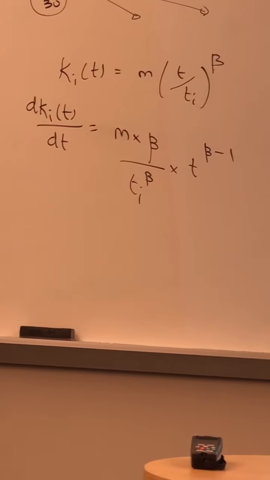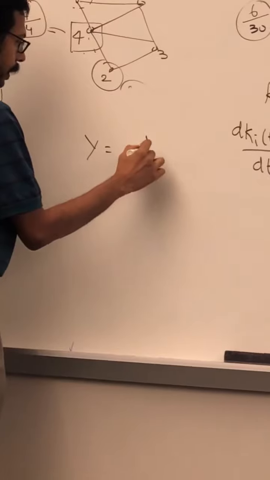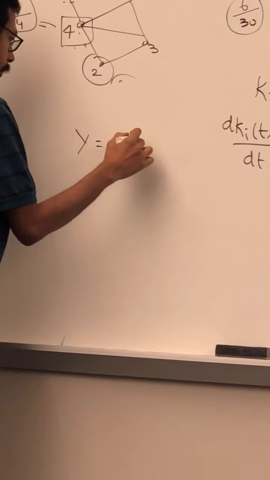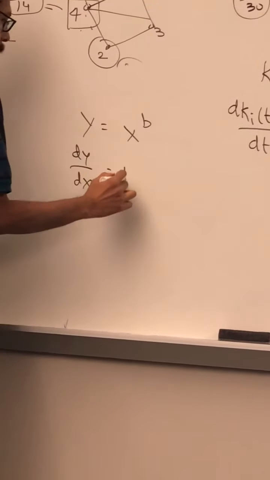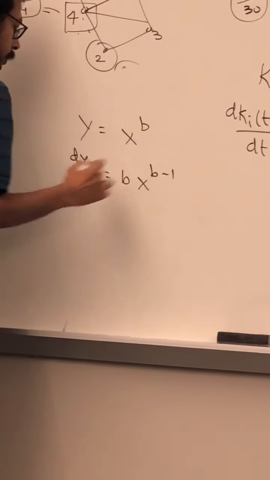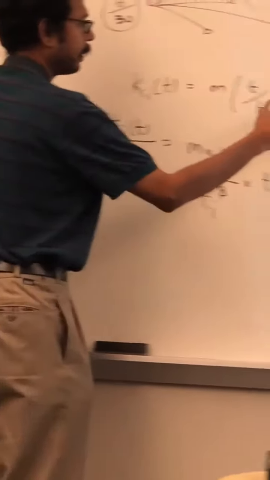Right? So if y equals, say, x to the power of some constant b, if you differentiate with respect to x, what's the formula? b times x raised to b minus 1. Right? So let me simplify this a little bit here.